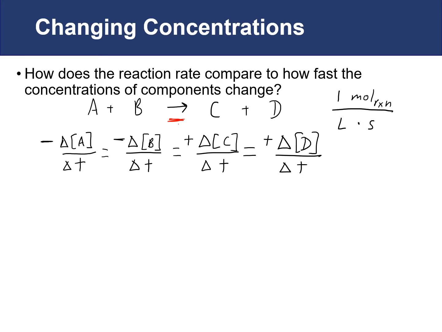B is going away at 1 mole per liter per second. C is being formed at 1 mole per liter per second. And D is being formed at 1 mole per liter per second.